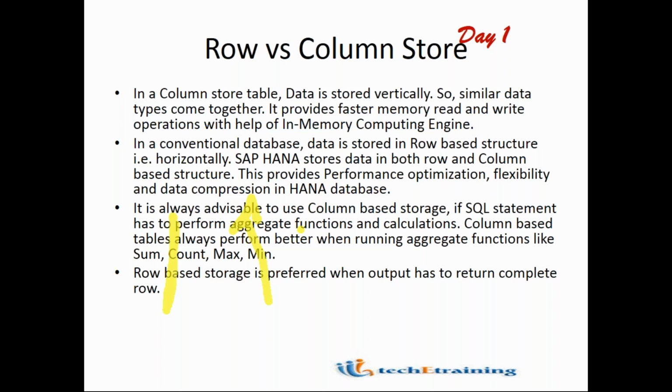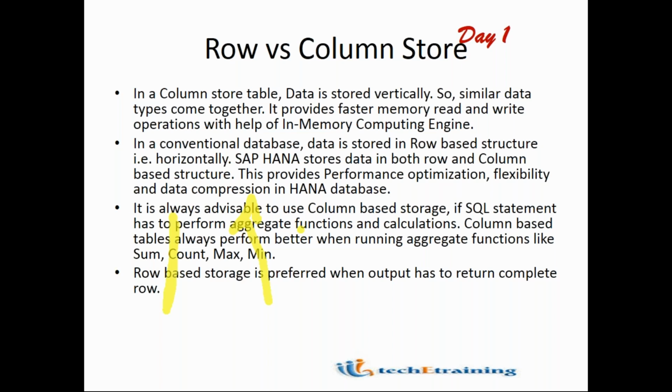The advantage of the column store is that it compresses the data, and for analytics it is very fast, because we have direct column access. If you want to do an aggregate, with direct column access we can do aggregations very fast. It is always advised to use column-based tables in HANA.